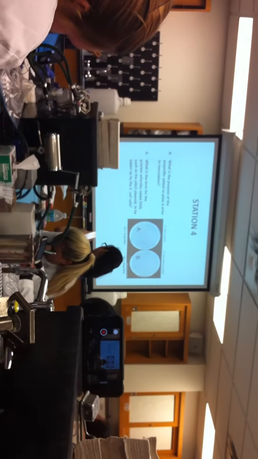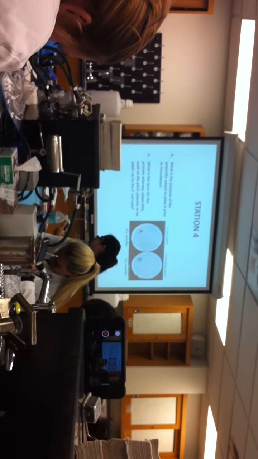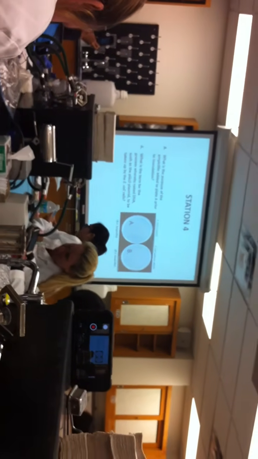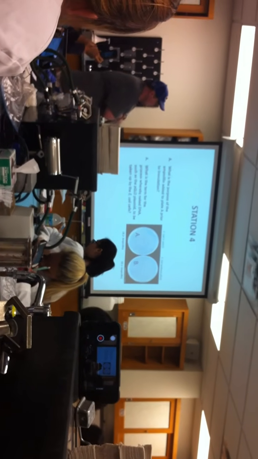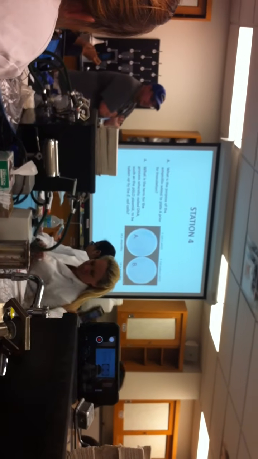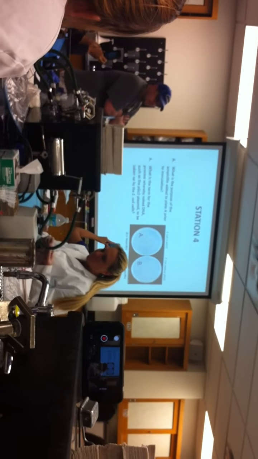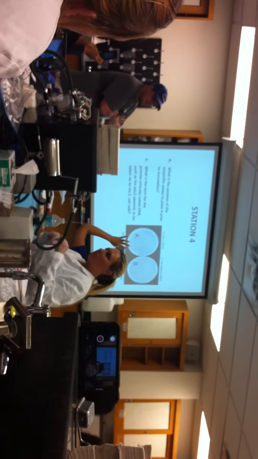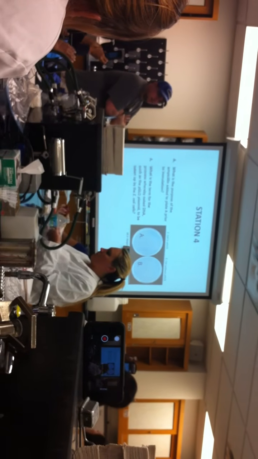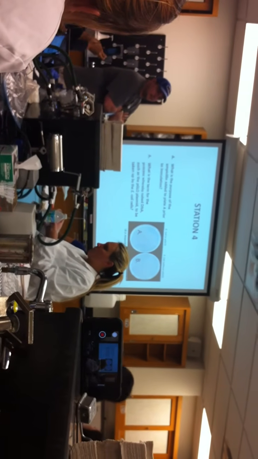All right, the experiment we just went over today, you either have bacteria growing or you don't. Okay? What is the purpose of ampicillin being added to that plate? Well, what happened on the plate that didn't have ampicillin?